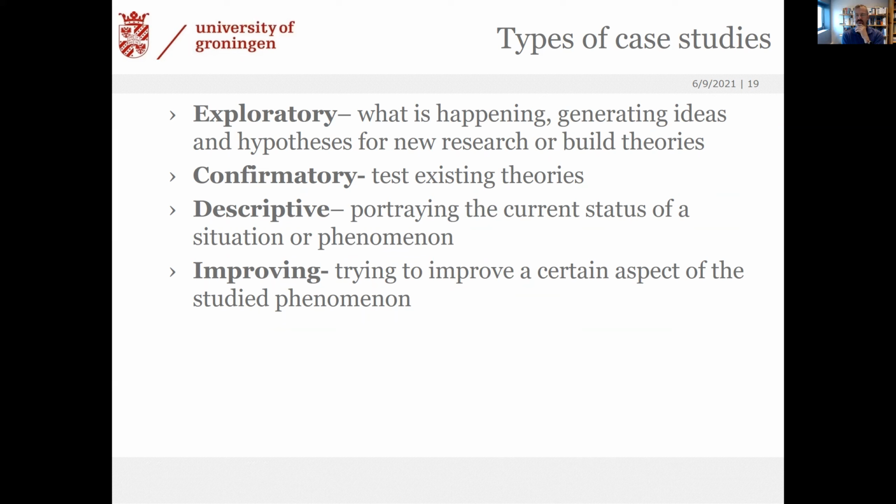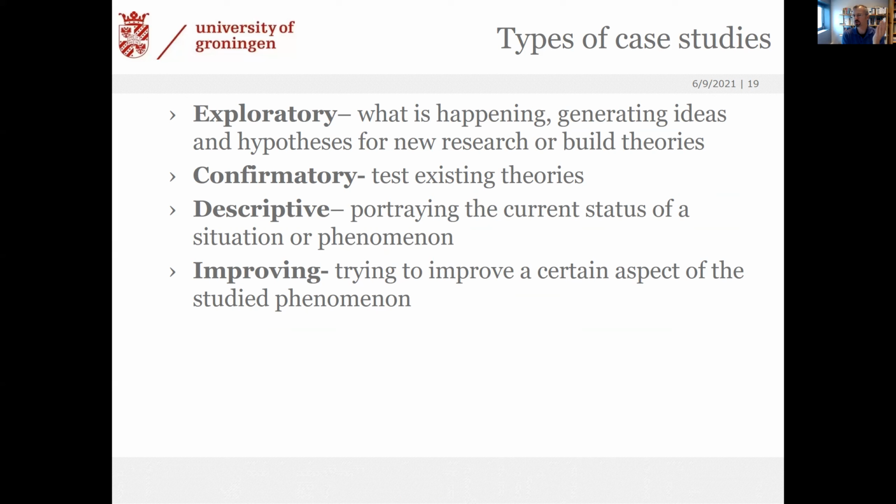A confirmatory case study is putting the above theory to a test. So once you have a theory, you can try to confirm it by a case study. A descriptive case study is also trying to find out what's happening in a specific phenomenon, but not really to generate theory. This is a bit more preliminary.